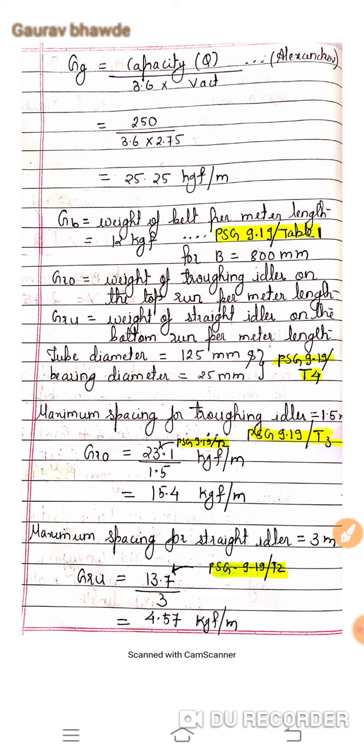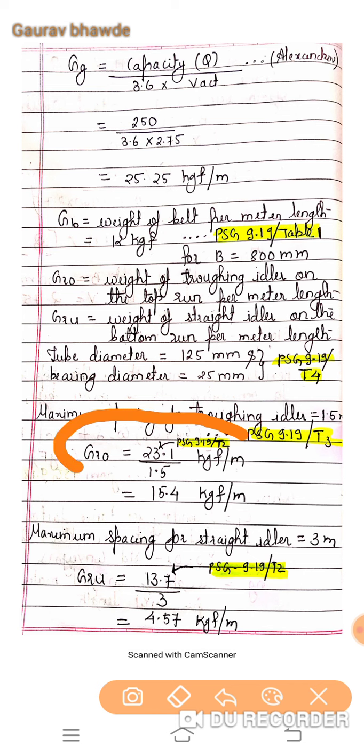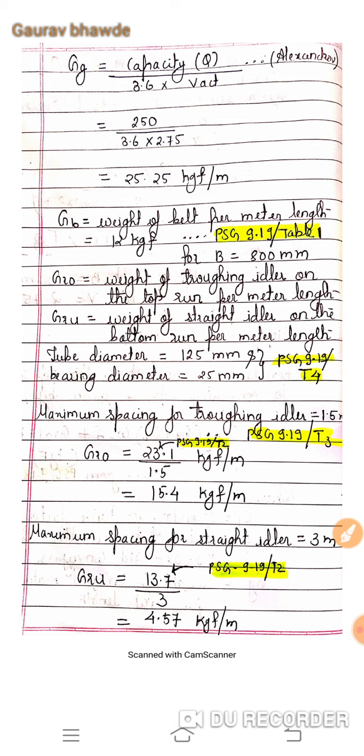Now we have to find the GRO value in terms of spacing. Here I have directly put the value of GRO which you get from PSG 9.19 table 2, which is 23.1, and I have divided it by spacing. You get the value of GRO as 15.4.